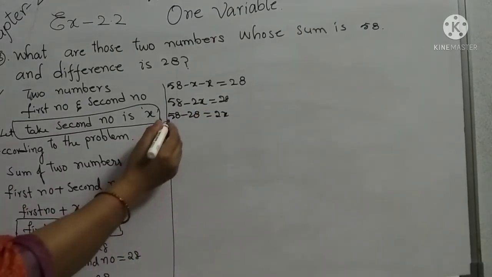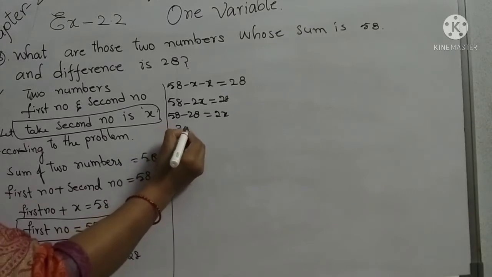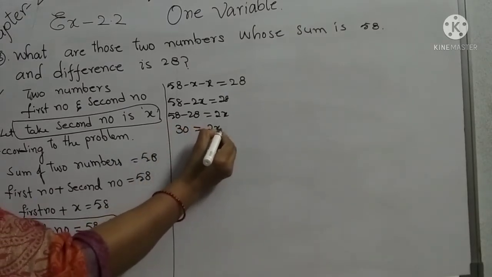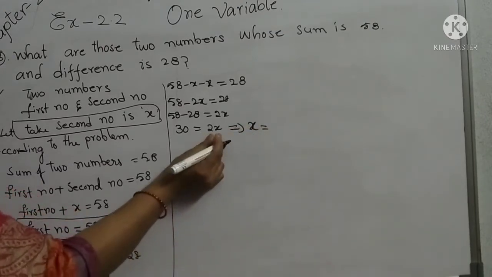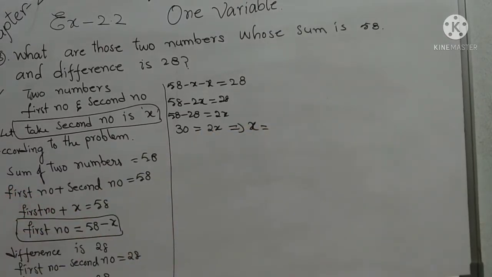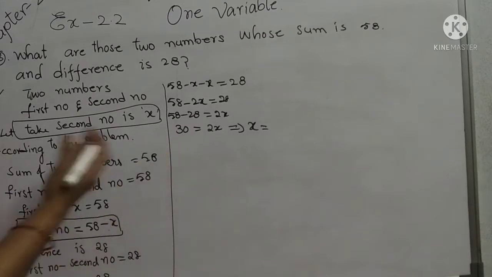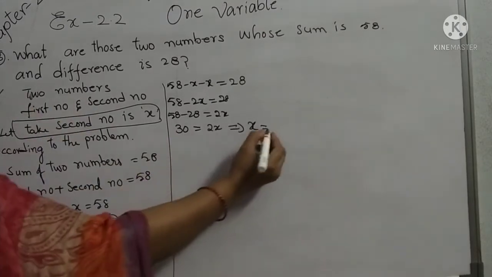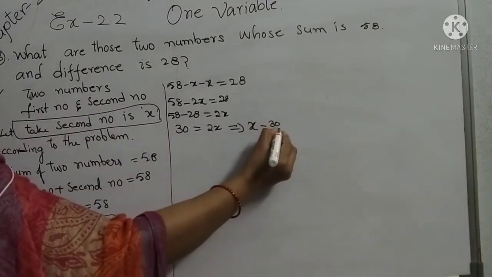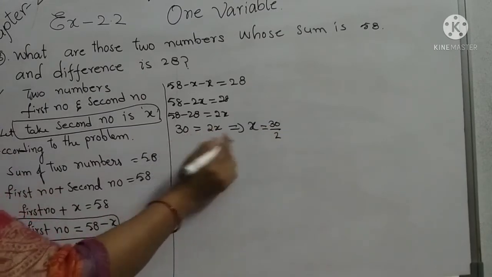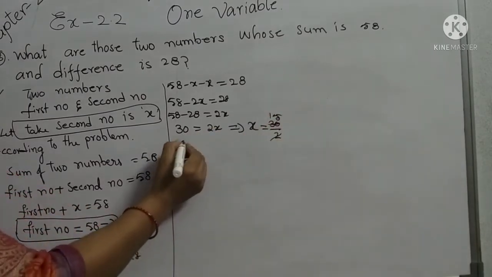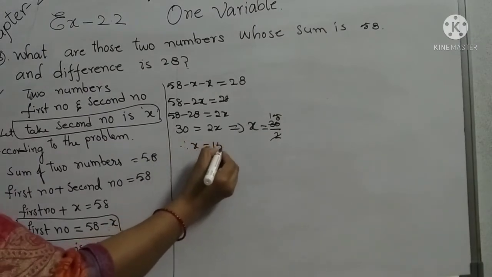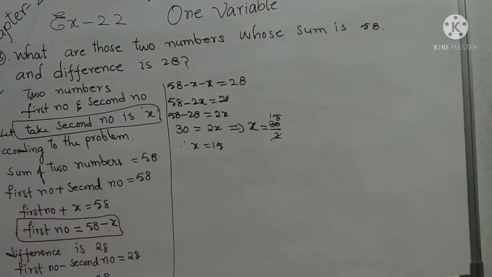So 58 minus 28 is 30, equal to 2x. So x is equal to 30 by 2, since multiplication becomes division. How many times is it possible? 15 times. So finally x is equal to 15.